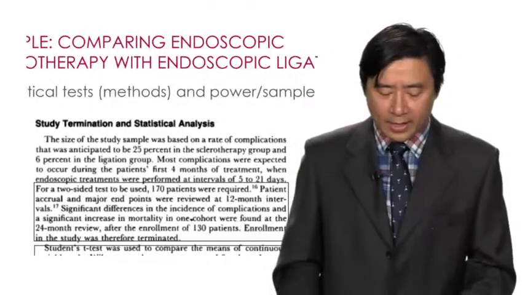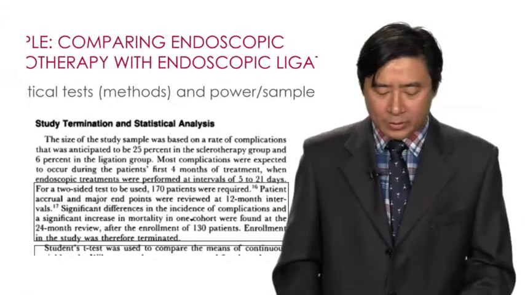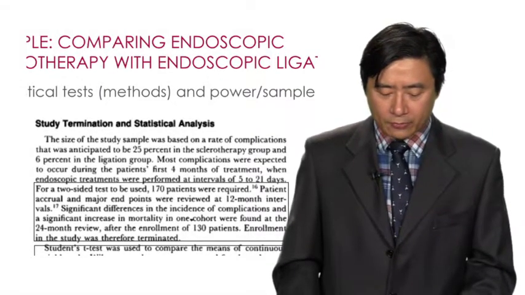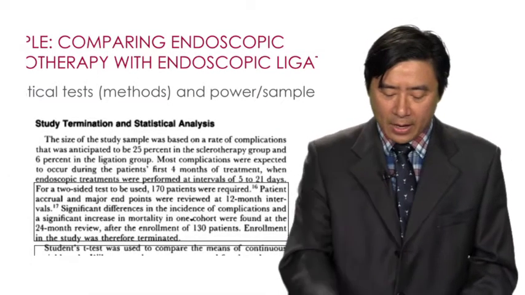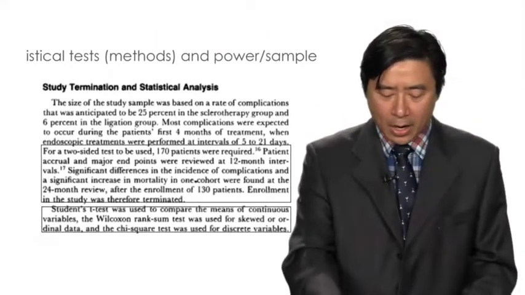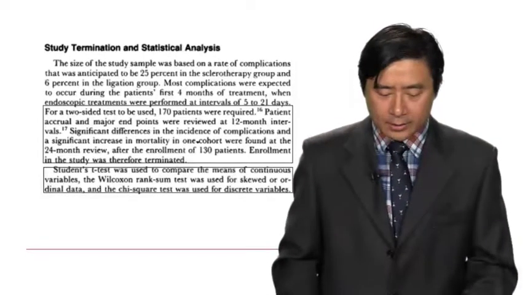This is to say, with a smaller sample size, they were already able to detect a signal, and therefore they did not have to recruit more patients. This is somehow related to the sample size and power as well, but this is something special called data monitoring.